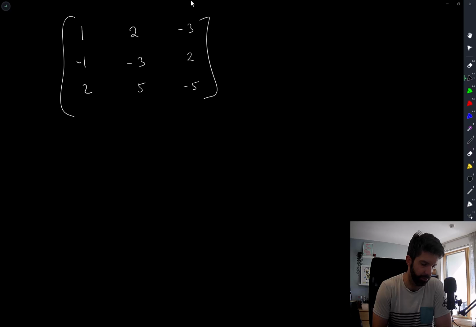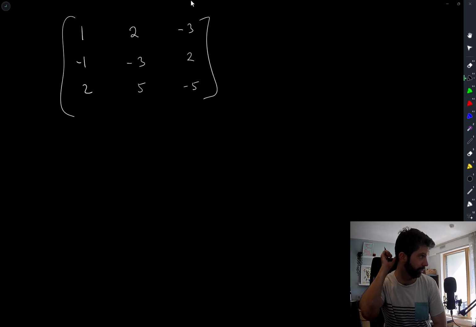So let's write down the rest of the matrix here and figure out if there are more linear dependencies. Adding the two together and multiplying by -1 doesn't work. How do I figure out if there's another redundancy here?